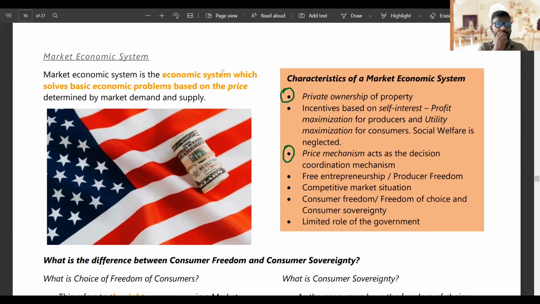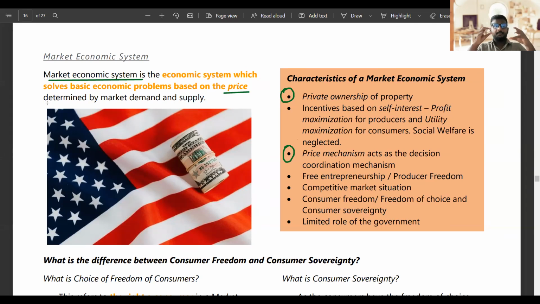That's why in the definition I have given here, market economic system is the economic system which solves basic economic problems based on price determined by market demand and supply. I have not given the ownership part because that is where students get confused.